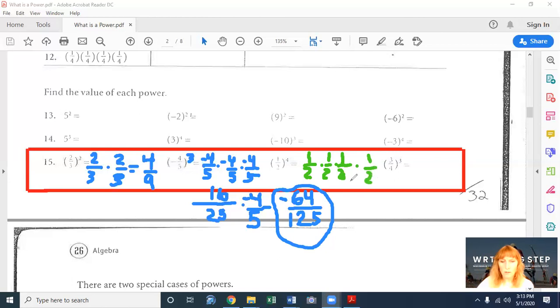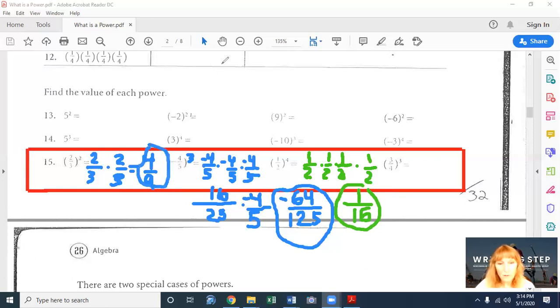So what would that be? Well, the top would just be 1 times 1 times 1 times 1. What would the bottom be? 2 times 2 is 4. 4 times 2 is 8. 8 times 2 is 16. So 1/16 would be the answer to that one. And I can go ahead and circle the one over here that I didn't. We'll circle all of them.